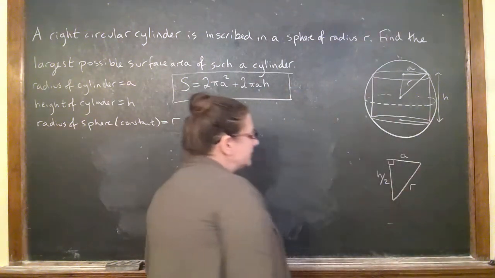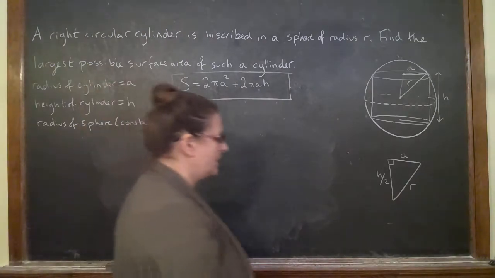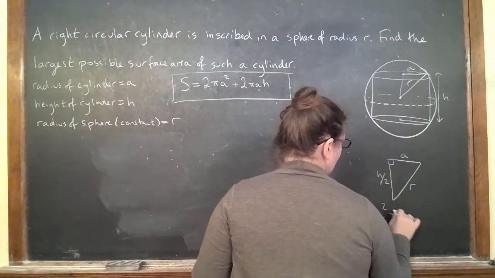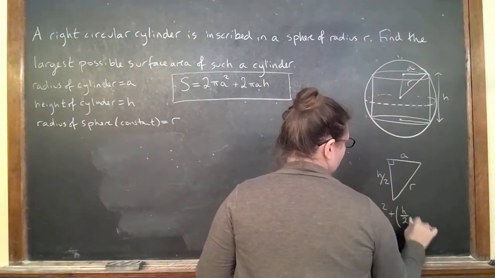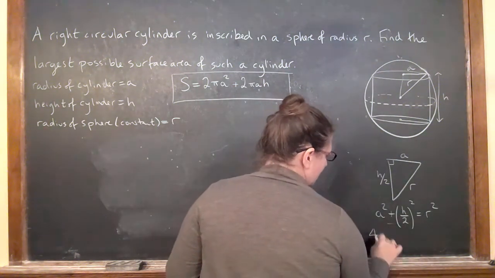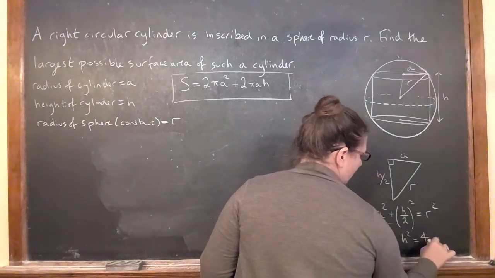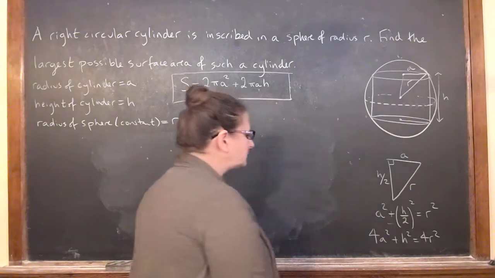So the Pythagorean theorem can give me the relationship between these 3 things, right? So I've got A squared plus H over 2 squared equals R squared. So 4A squared plus H squared equals 4R squared. That looks pretty good.